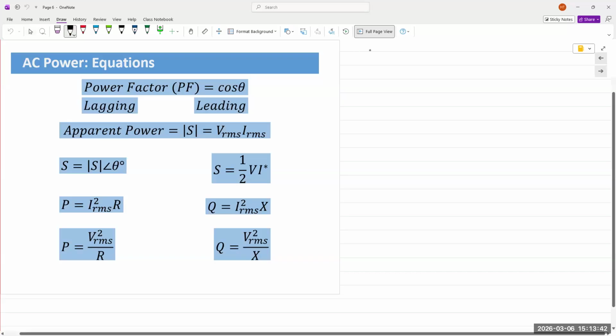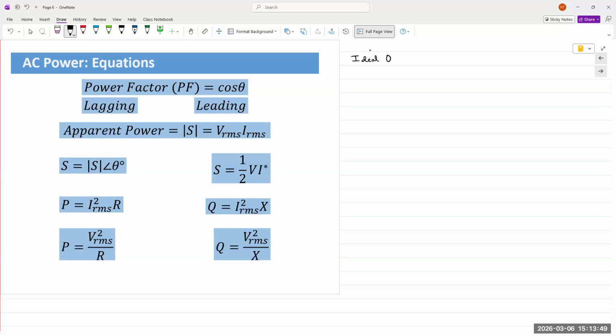The ideal value of this angle is 0 degrees. Cosine of 0 is 1.